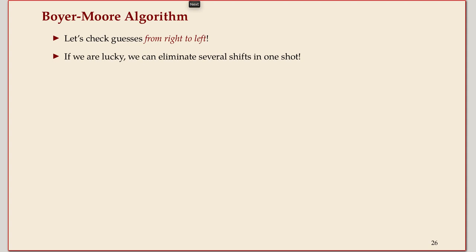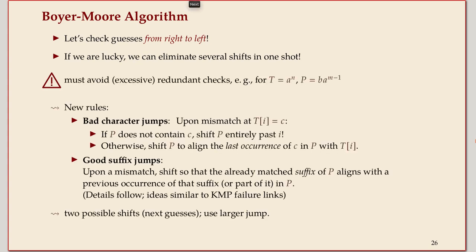As you've seen in this example, sometimes a single comparison rules out more than one guess. You could rule out all the 5 guesses in the example. And we'll see what it means to be lucky in this case. There's also a downside, and maybe a good reason why the earliest algorithms did not do this right to left.